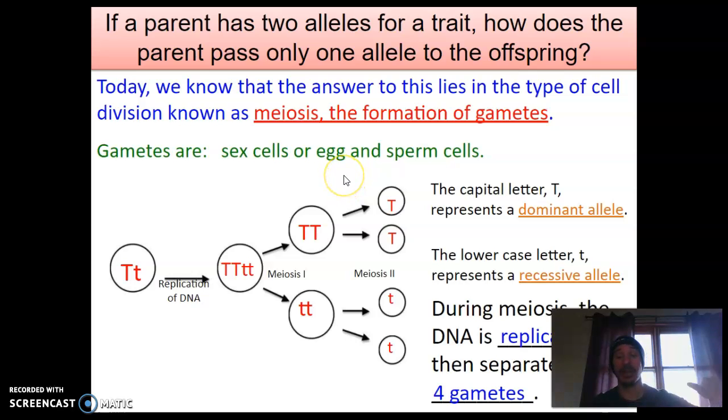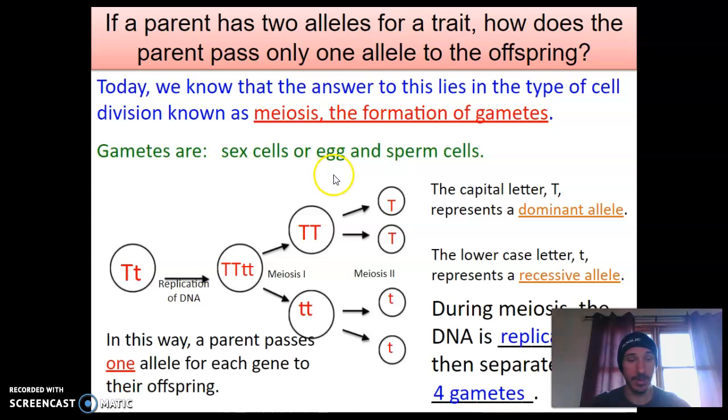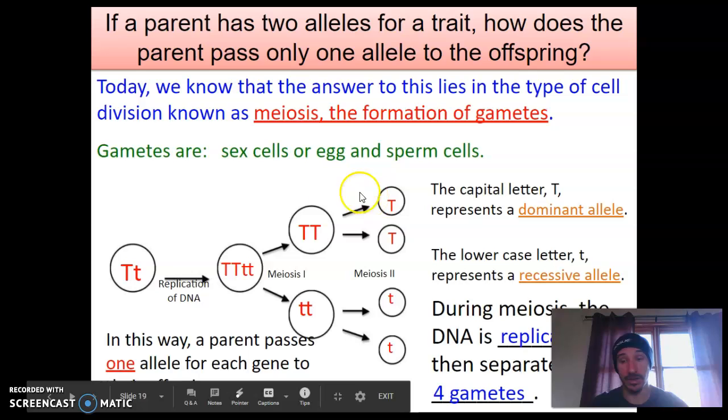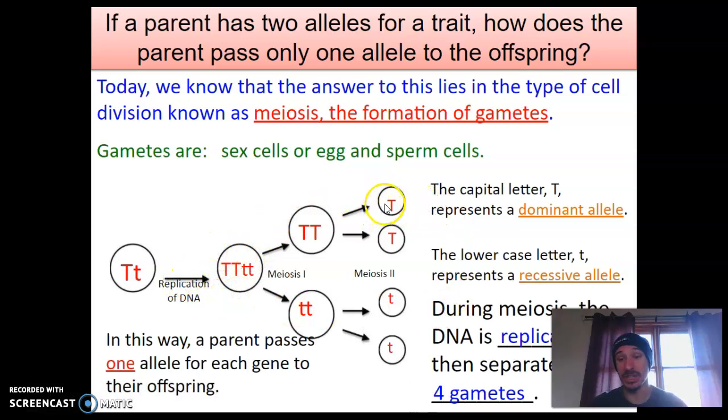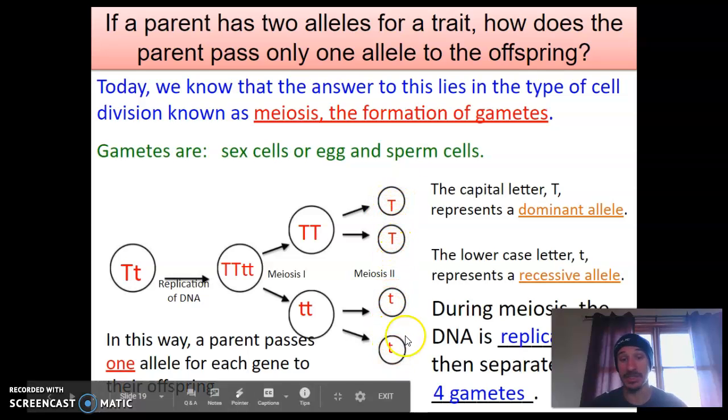We go from having 2 sets of chromosomes to 1 set of chromosomes and half the number of chromosomes. And in this way, this diagram pictured here on the slide, this is how each parent only passes on one allele, because each gamete, each sperm or egg cell, only has one allele for each trait, as you can see at the end.